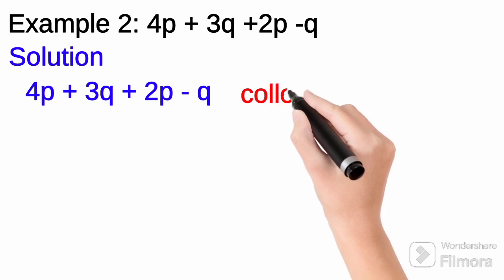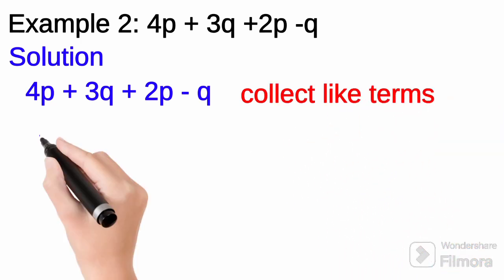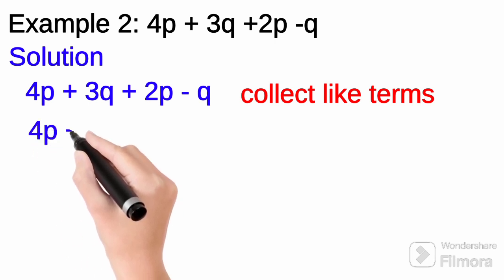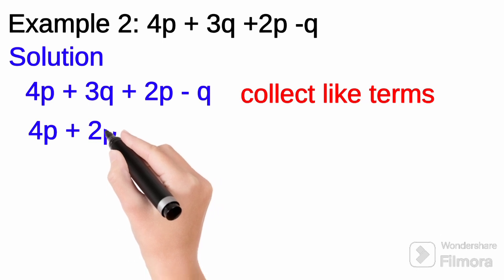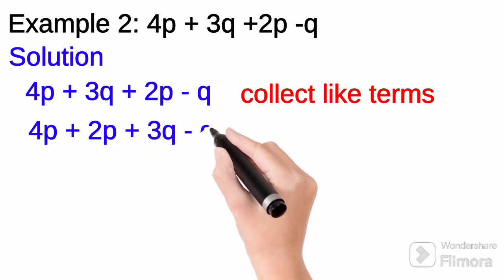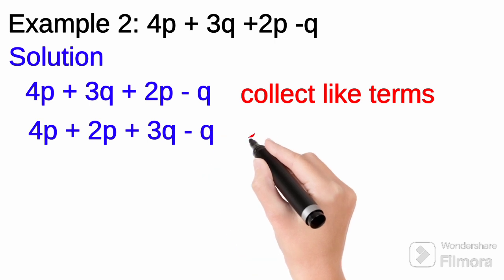So the first thing to do is to collect like terms. So we are going to collect our like terms: 4p plus 2p plus 3q minus q. To collect like terms means to group them based on their unknowns or variables.